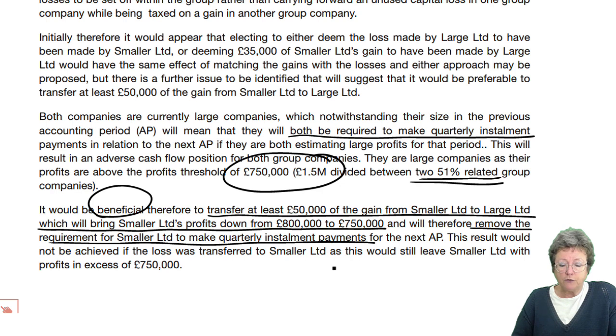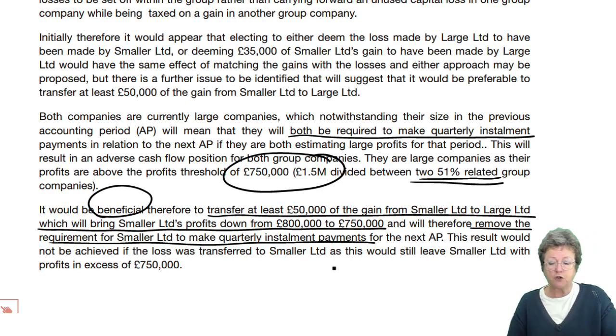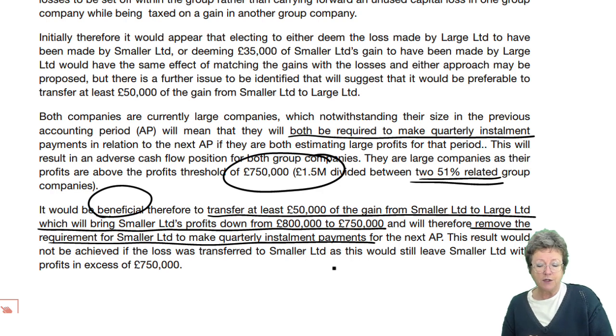This result would not be achieved if the loss was transferred to Smaller, as it would still leave Smaller within the 750,000 excess.